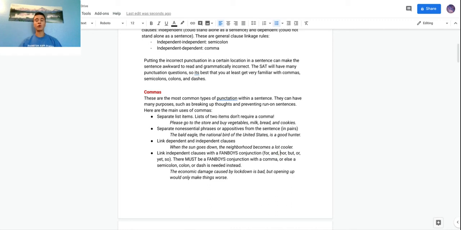For, and, nor, but, or, yet, so. If it's two independent clauses and you don't want to join them with a semicolon, then you can do it with a comma and one of these seven conjunctions.